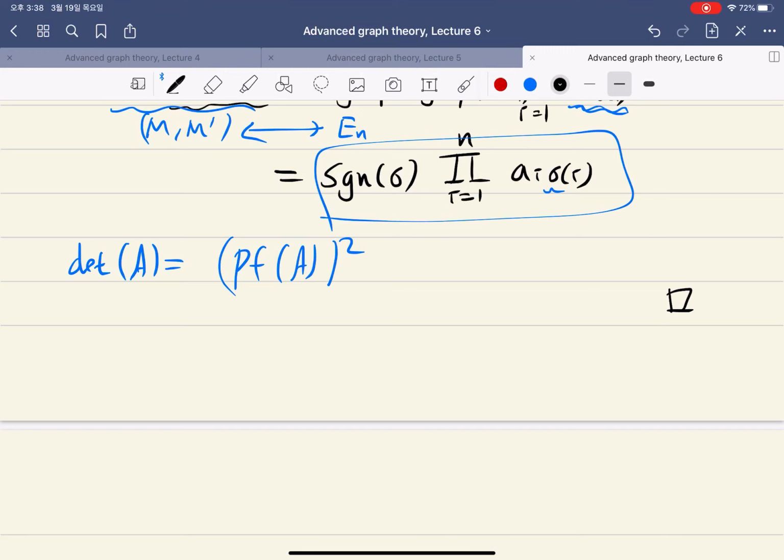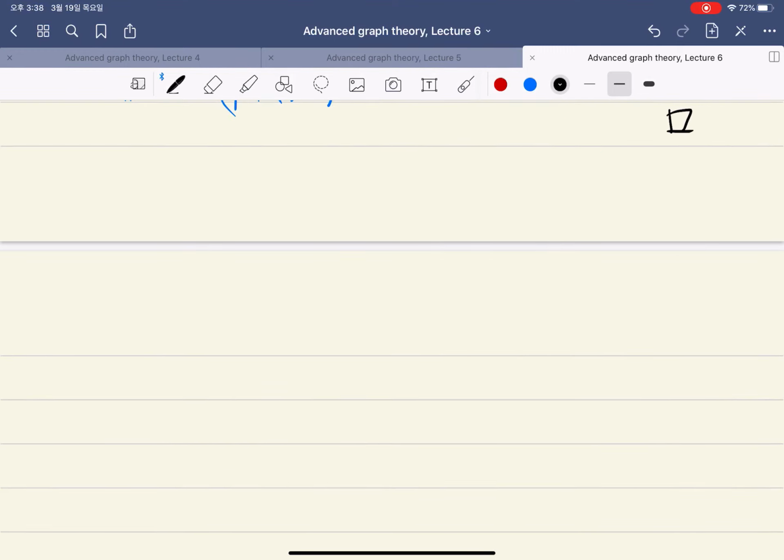So this shows that the Pfaffian is actually easy to compute. But we also have to show that, at least for some graphs, we can give the orientation so that the Pfaffian actually counts the number of perfect matchings.